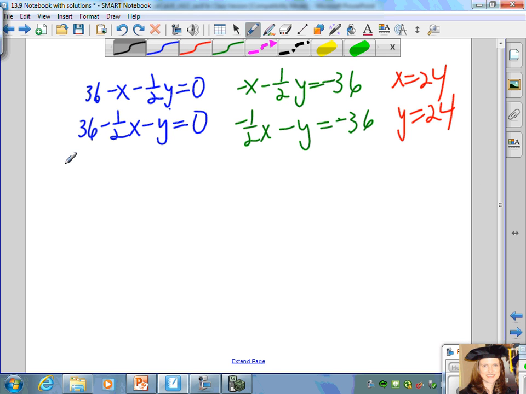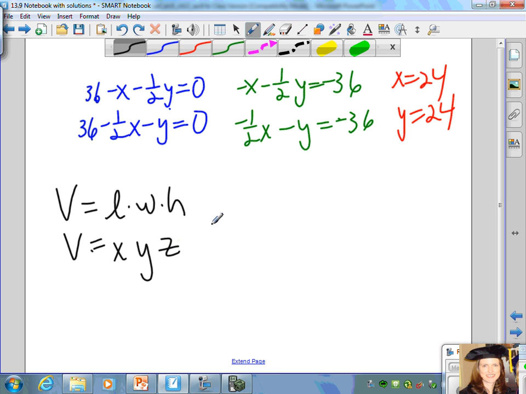We were trying to maximize the volume, which was the length times width times height, and we labeled the length as x, the width as y, and the height was z. And then we used the equation where we solved for z to find the volume was x times y times (36 minus 1/2 x minus 1/2 y).